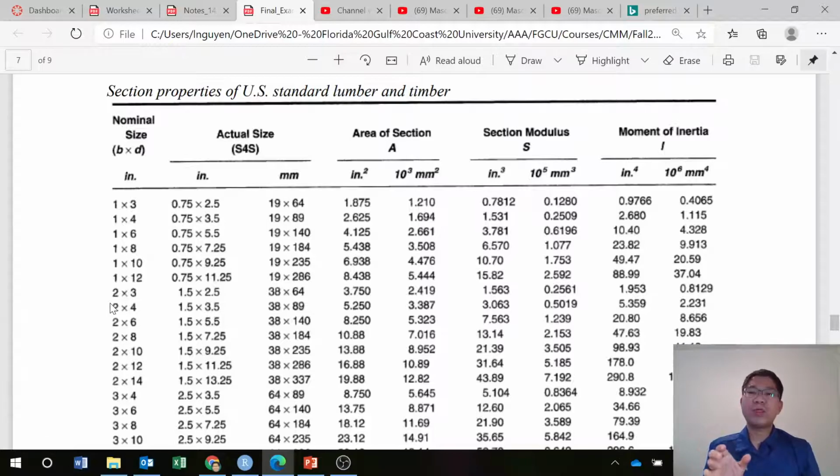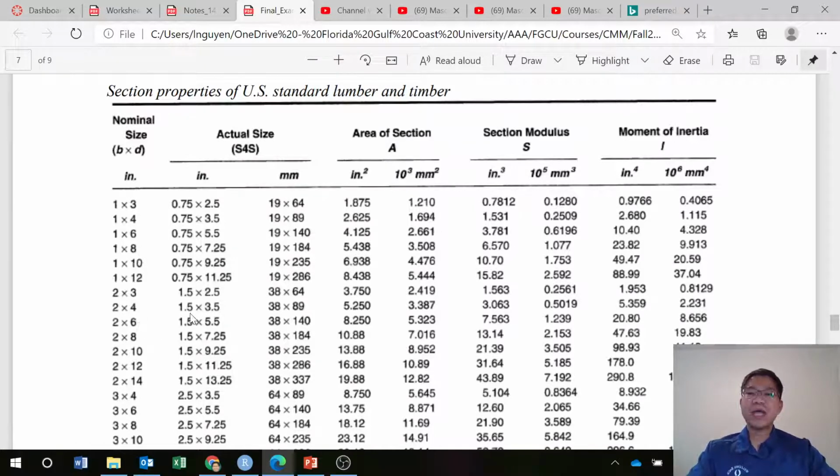The 2 stands for the width, and the 4 inches stands for the height or depth of the beam. That is the nominal size in inches.